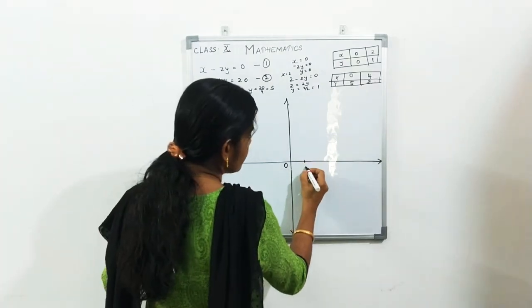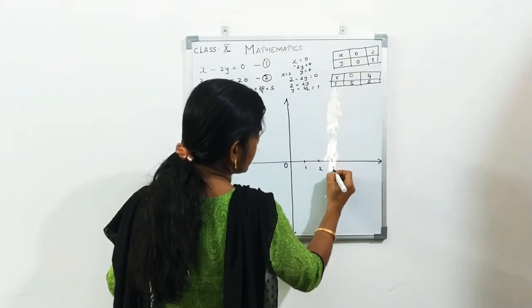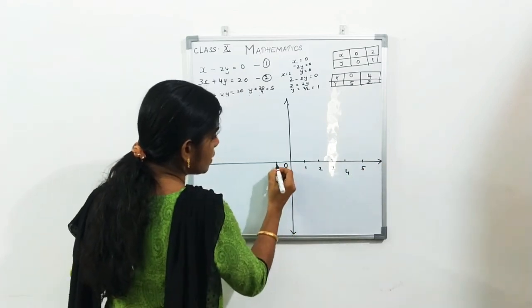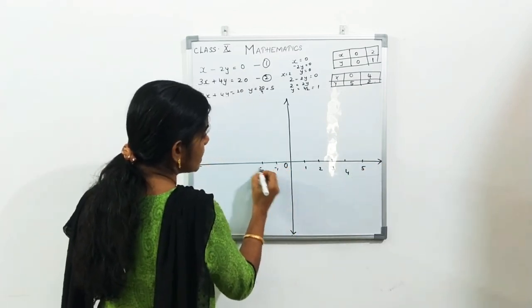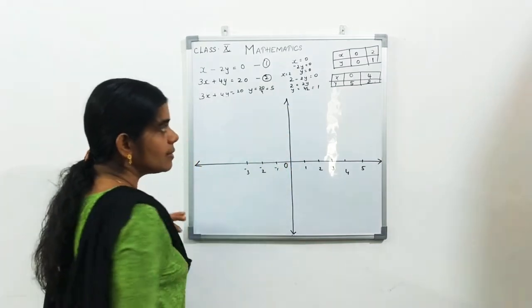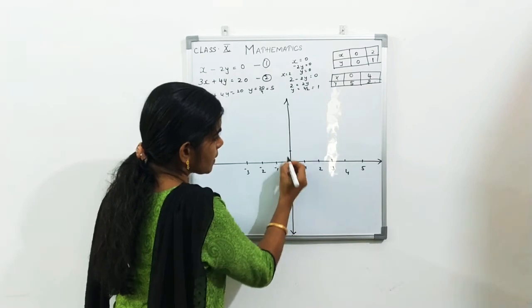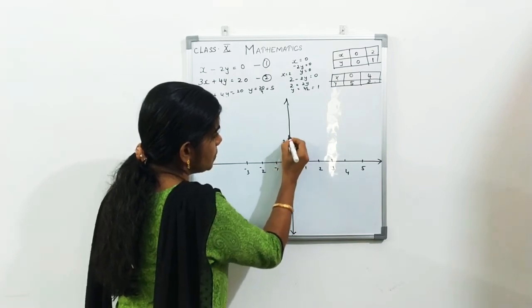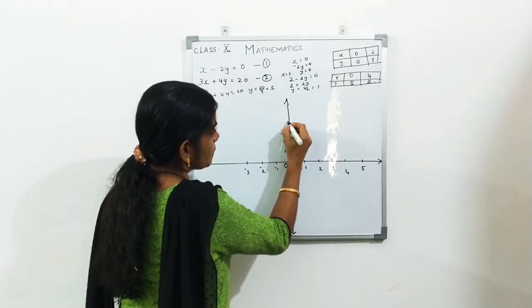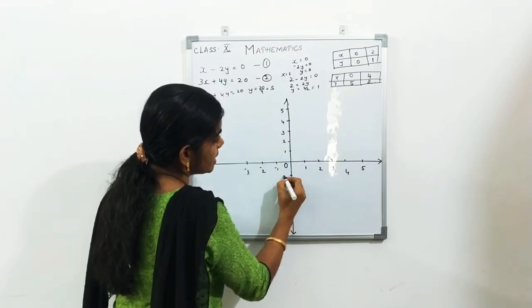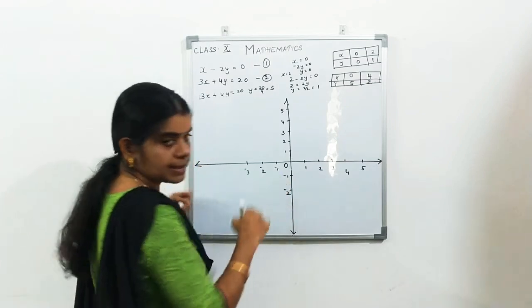Then I am marking here 1, 2, 3, 4, 5. Here will be the negative values of x, minus 1, minus 2, minus 3. Here already no negative numbers are there. Here y will be 1, 2, 3, 4, 5. This will be the y, negative 1, negative 2, like that.